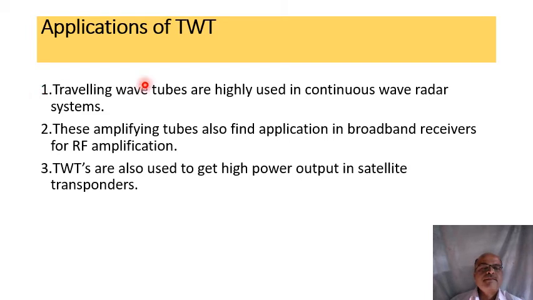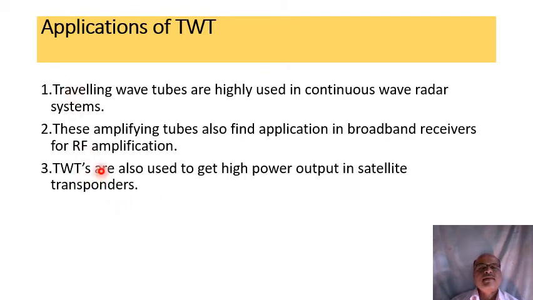Then next is the applications of TWT. Traveling wave tubes are highly used in continuous wave radar systems. So a very important use is in radar systems. These amplifying tubes also find application in broadband receivers for RF amplification. TWTs are also used to get high power output in satellite transponders.